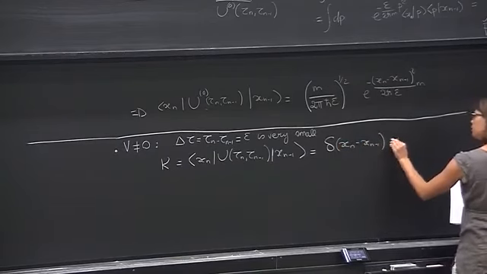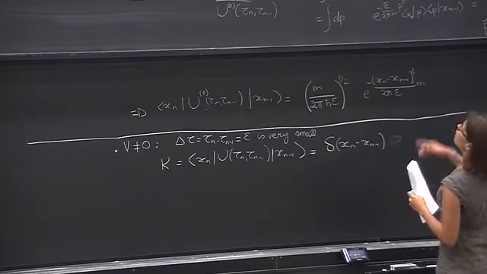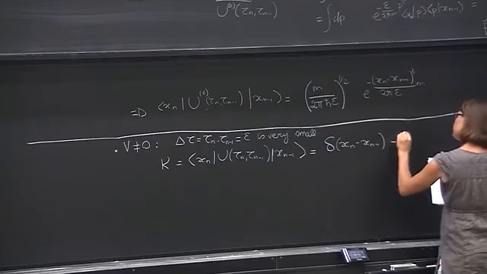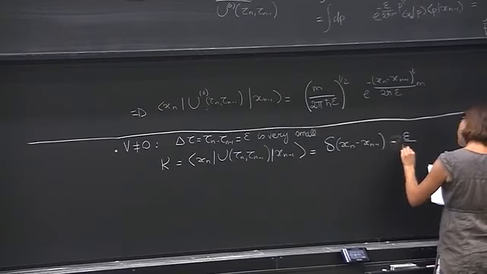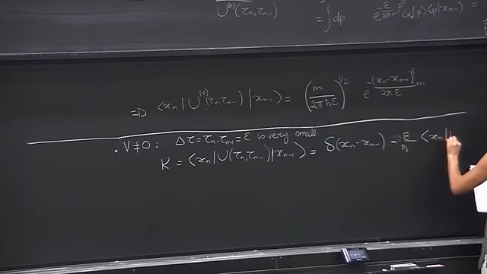And then the second term is going to be, so we have a minus epsilon divided by h squared. And then we need to figure out what this object is.